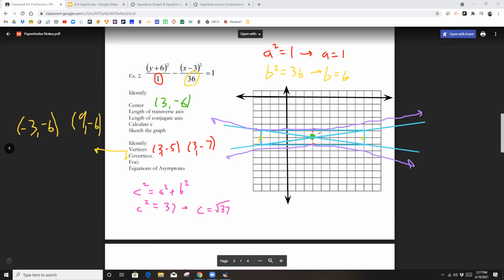If you look at the center, since the hyperbola opens up and down, the foci are going to be above and below the center. One will be here and one will be here. The specific points for those would be (3, -6 plus root 37) or (3, -6 minus root 37).